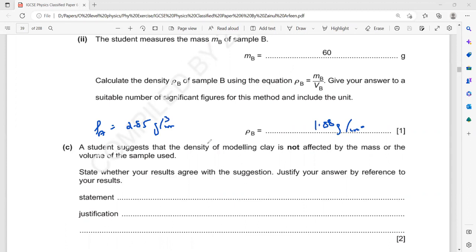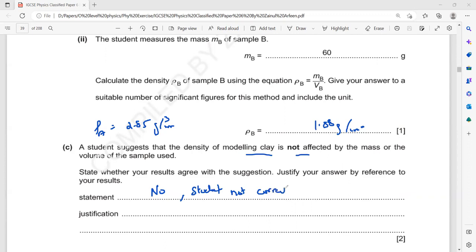The student suggested that the density of the modeling clay is not affected by mass or volume. State whether your results agree with the suggestion and justify by reference to your results. So we'll say no. The student suggestion is not correct according to our values. Why?